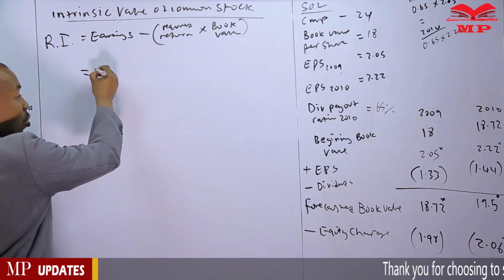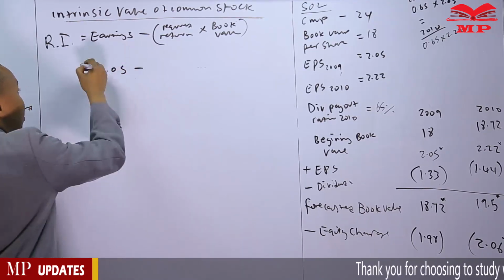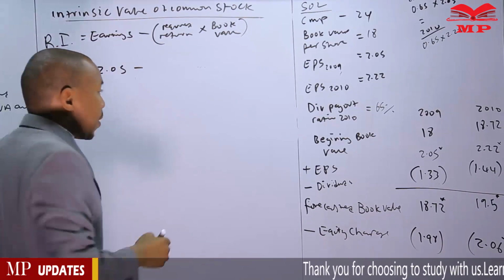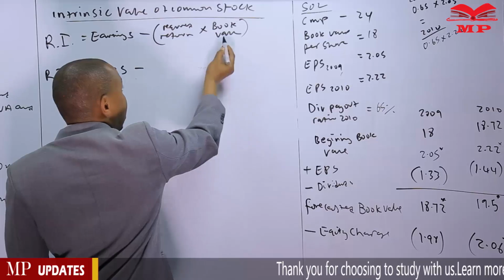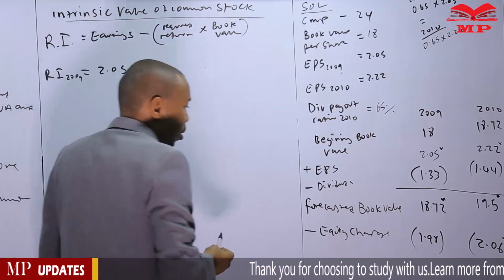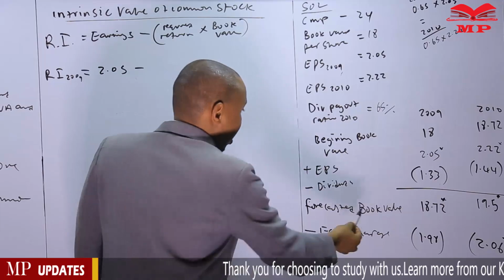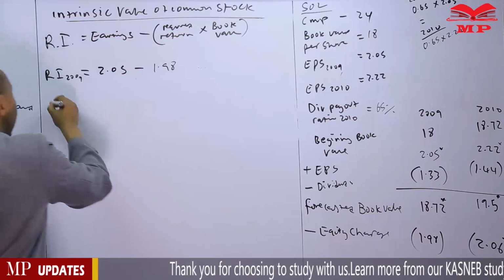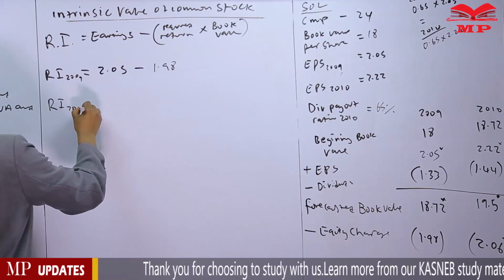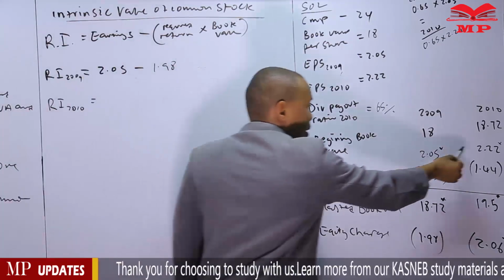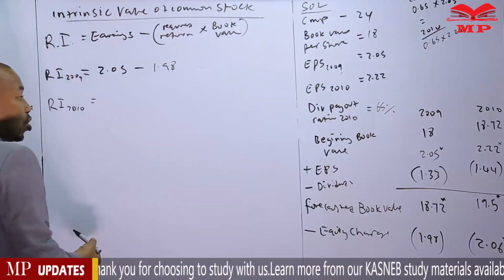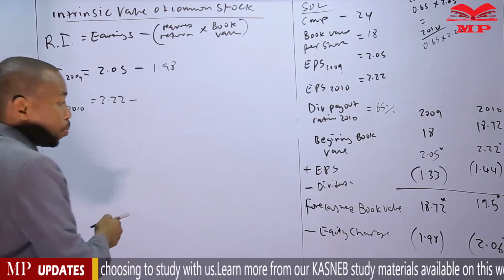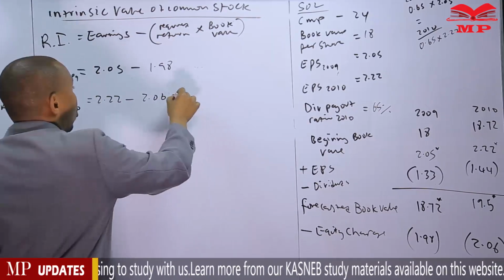So the earnings, for 2009, RI 2009 is 2.05 minus the product of the required return times the book value, which is the equity charge of 1.98. RI 2010 is given as the earnings or the EPS, 2.22, minus 2.06.